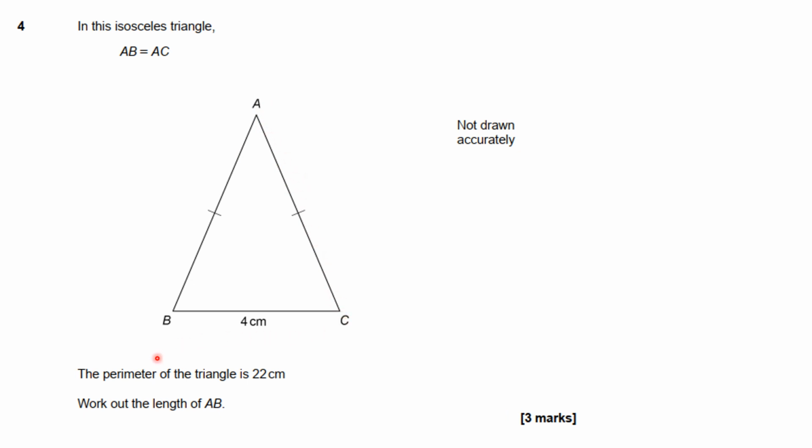So the question then says, the perimeter of the triangle is 22 centimeters. Work out the length of AB. So how do we do this? So we know that the bottom part, which just to remind you is this, is 4 centimeters. So let's call that missing part X for AB.